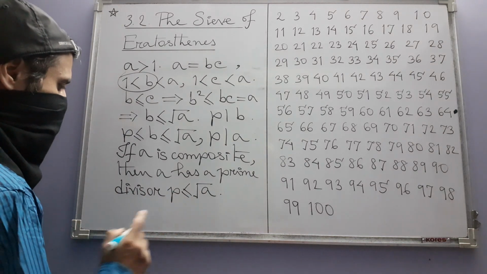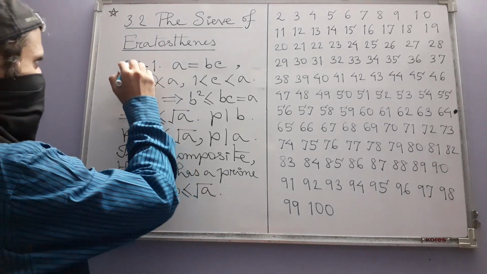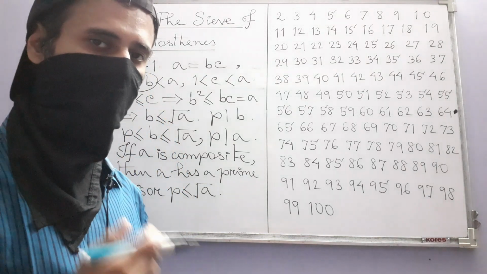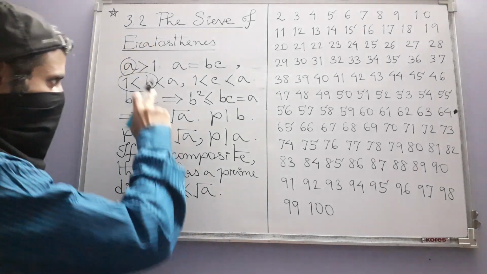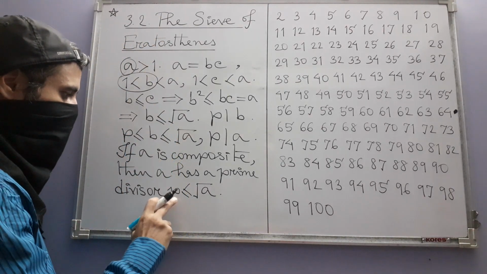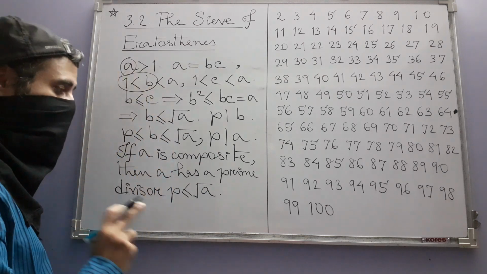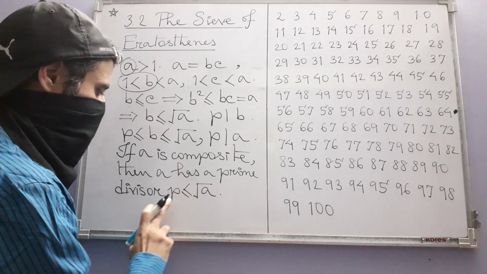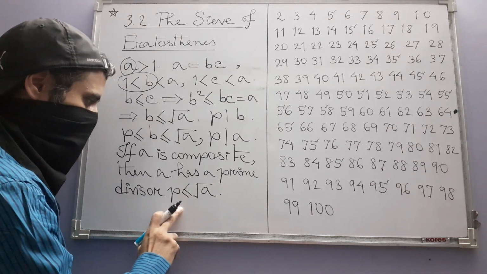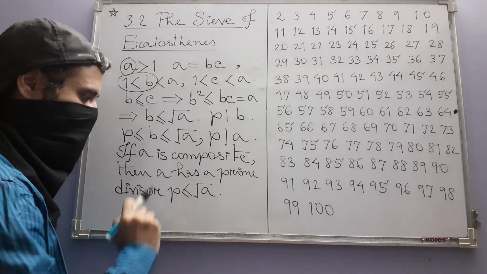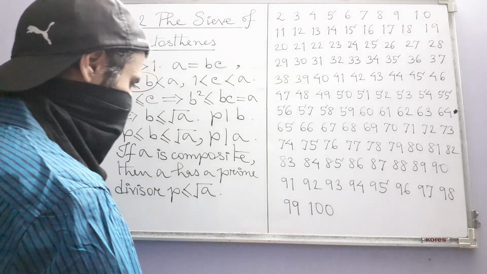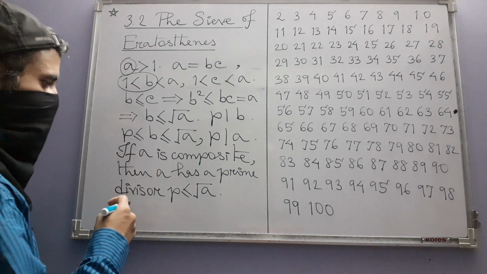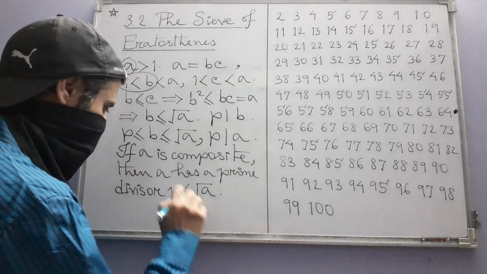Say you are given some concrete number A here, and you want to know whether it is prime or composite. Now because of this property, you know that if A is composite, then there must be a prime divisor of A that does not exceed the square root of A. Without this property, how would you proceed to show that, for example, A is composite or prime?